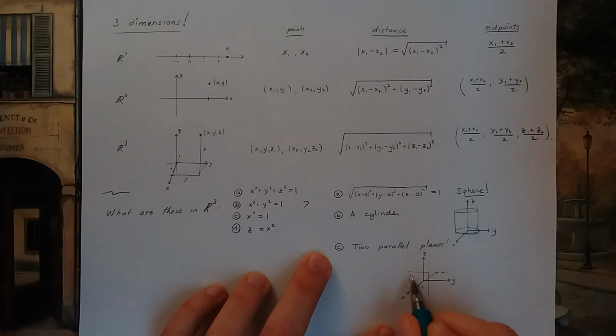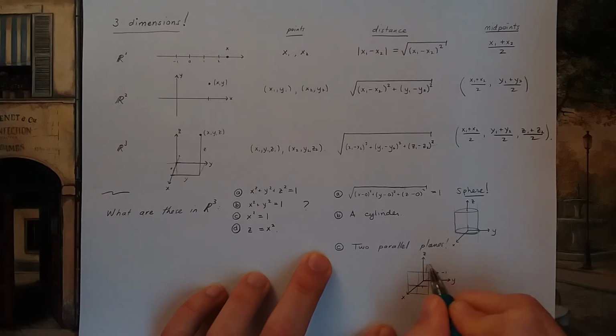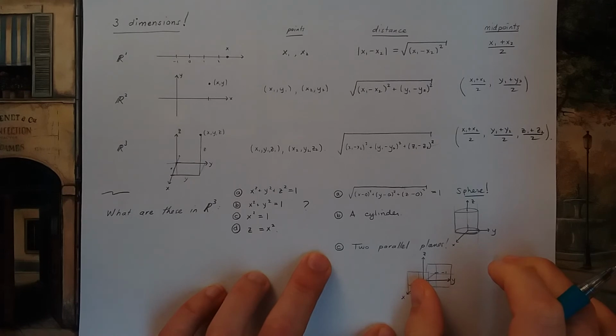So I actually get a plane centered at plus 1 and another parallel plane centered at minus 1. That picture's not so great, but I get two infinite parallel planes. They go left and up forever. Two parallel planes, one at 1 and one at negative 1.